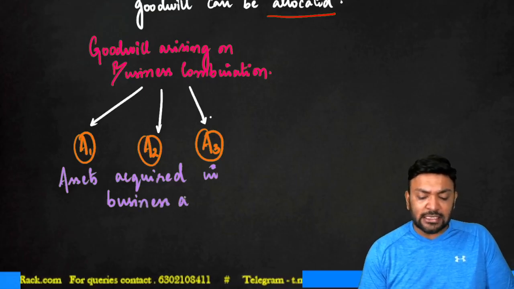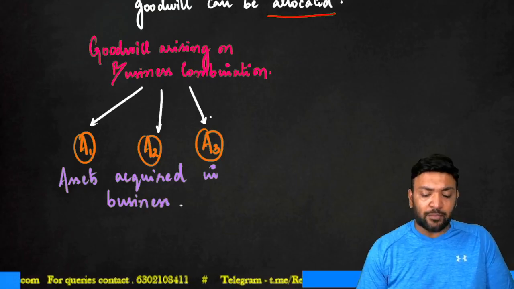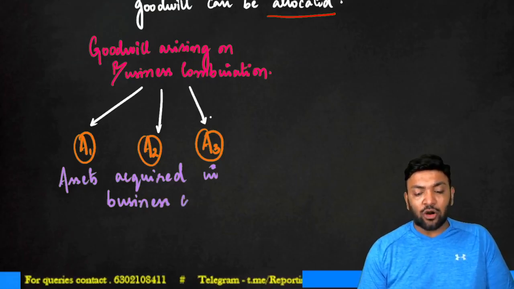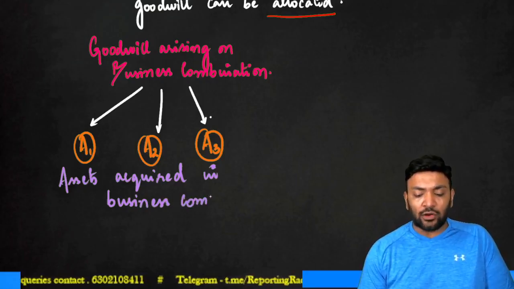So to the assets acquired in business combination, this amount of goodwill should be allocated.